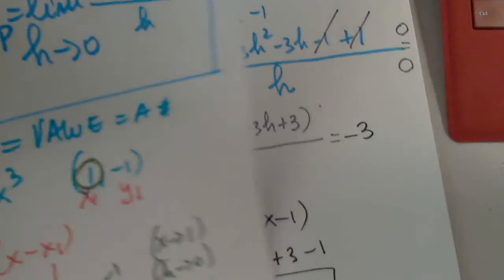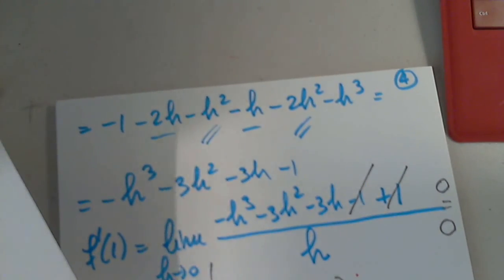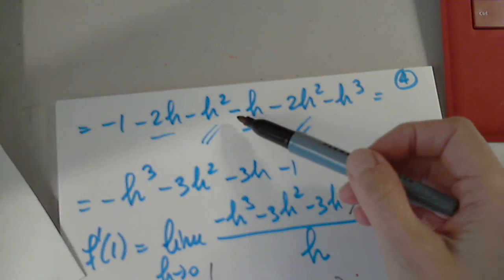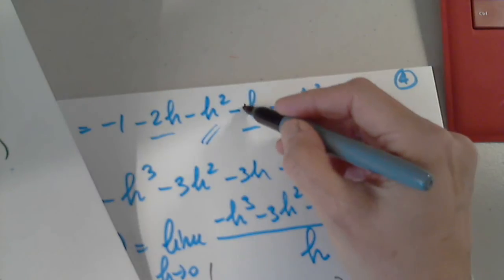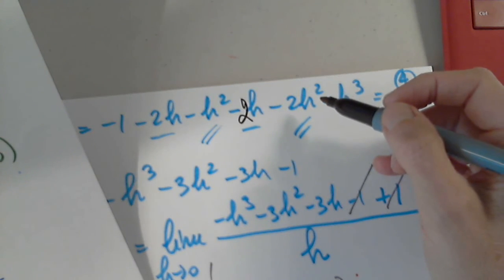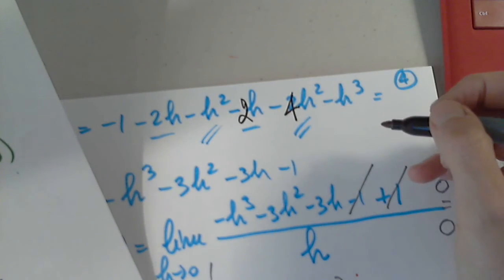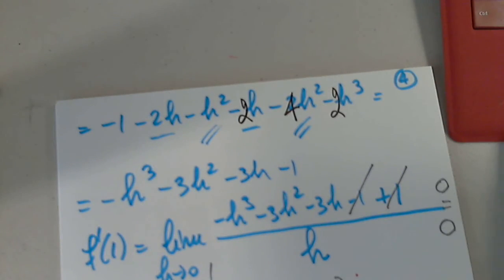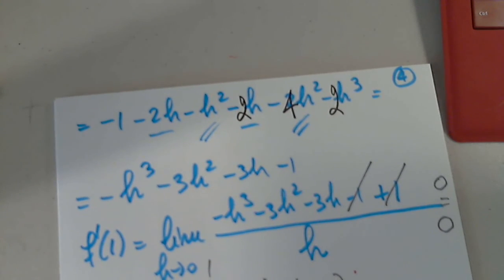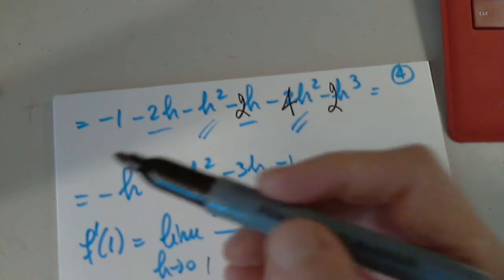Because I swallowed the 2, I have to go back and correct myself. So the first 3 terms are okay, but negative 2h, negative 4h squared, and minus 2h cubed. I should have written it out. Okay, sorry about that.